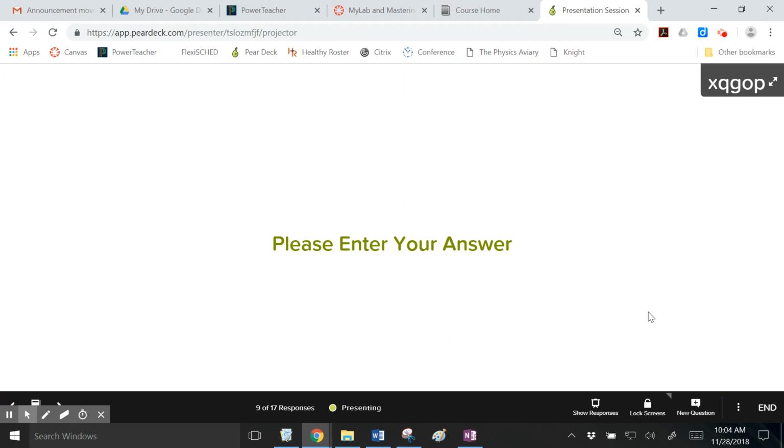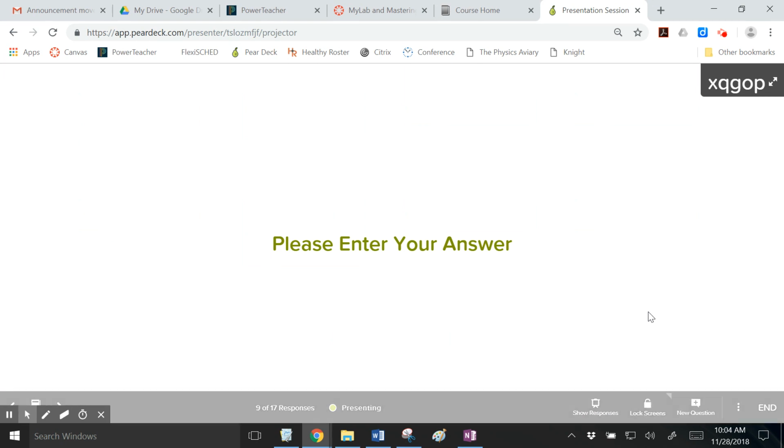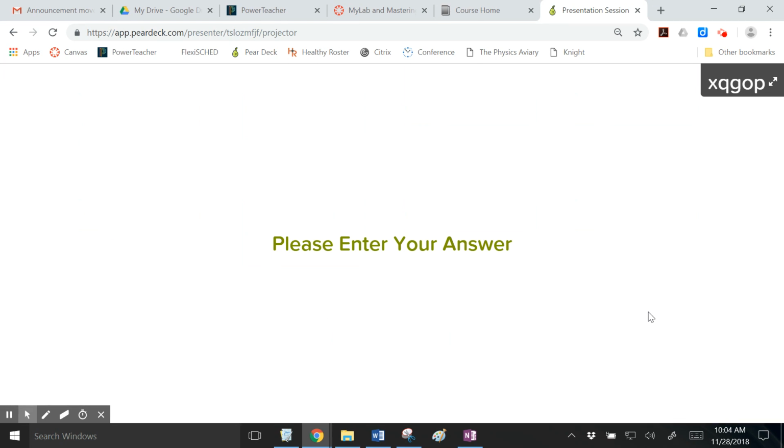So that implies that we said constant and positive. So the way that this works then, velocity is the slope on a position versus time graph, and acceleration is the slope on a velocity versus time graph.